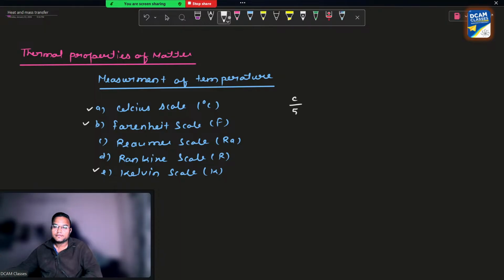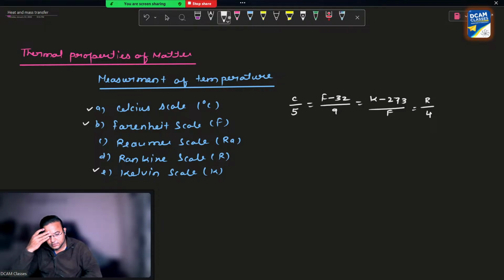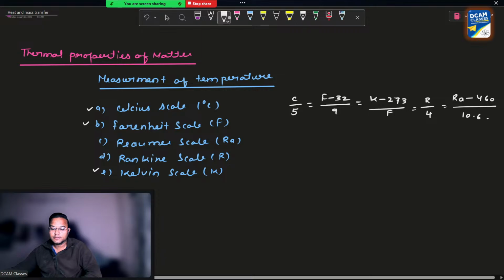C by 5 is equal to F minus 32 by 9 is equal to K minus 273 by 5 is equal to Ra by 4 is equal to R minus 460 by 9.